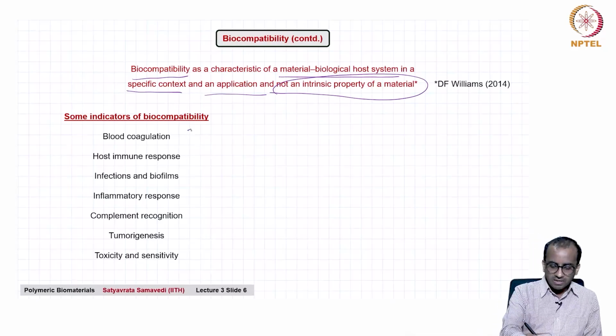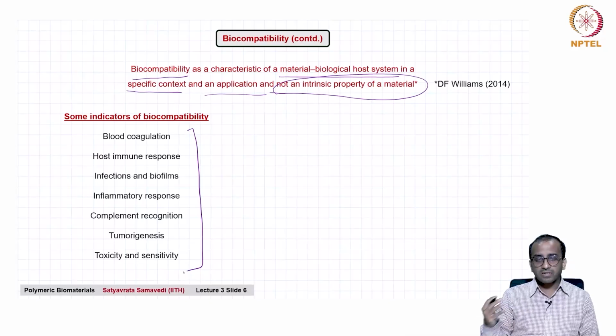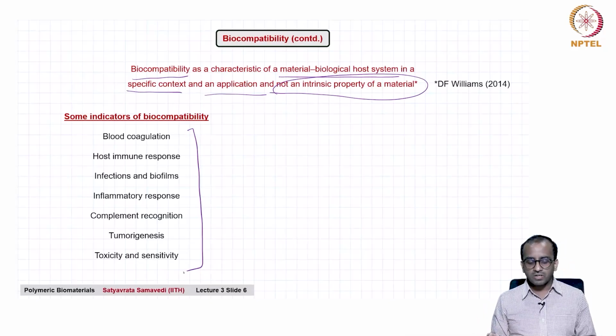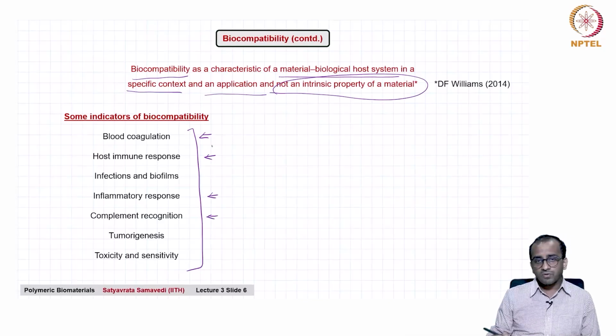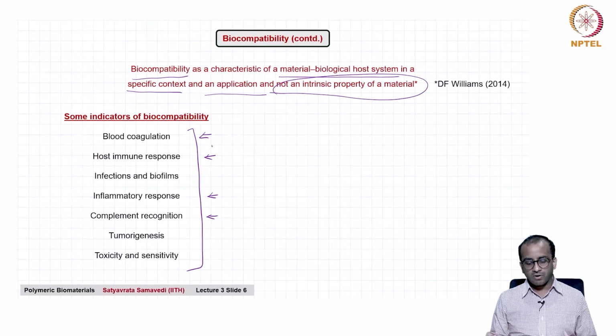Shown here are some generic markers of what one would consider good indicators of biocompatibility. We are looking at things like blood coagulation, host immune response, inflammatory response, complement recognition. These four are what we would typically call the body's response to the biomaterial.